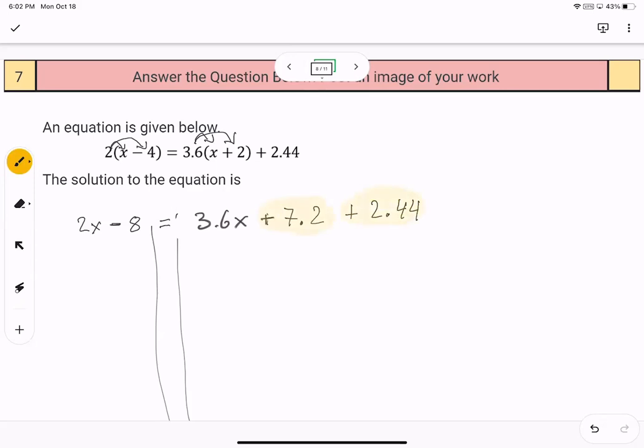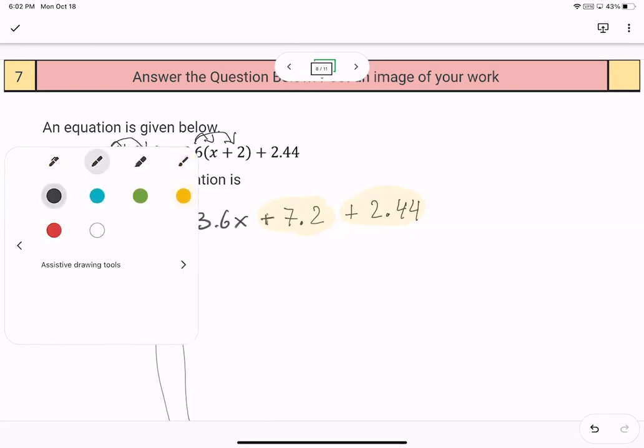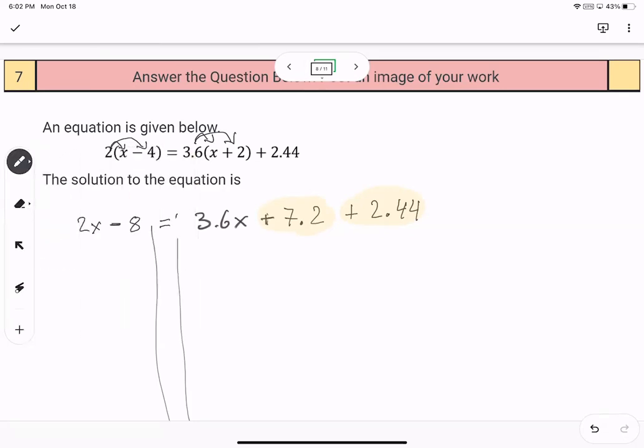Now, when you add these together, 7.2 plus 2.44, you get 9.64. It's a positive, so you have that, and you bring down everything else. 3.6x is equal to 2x minus 8.